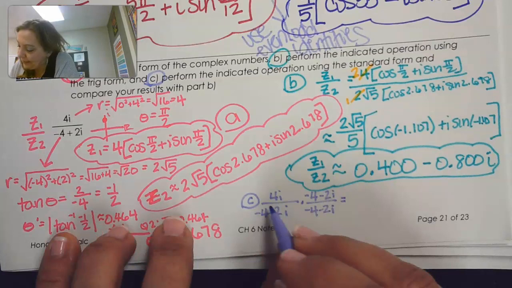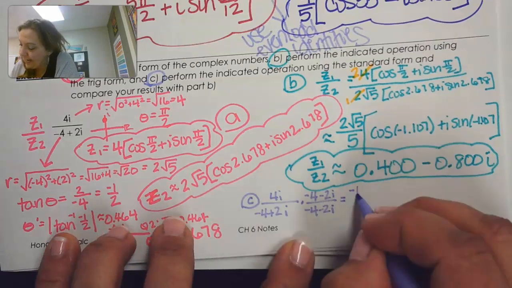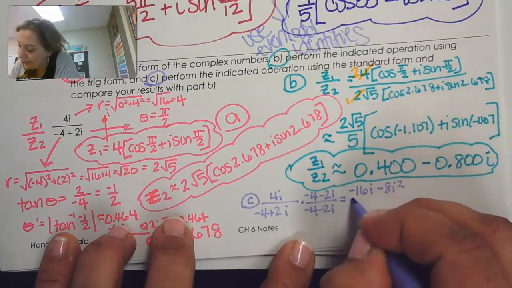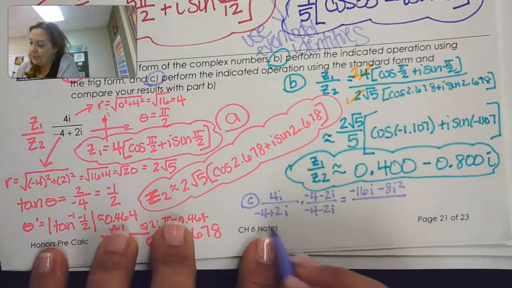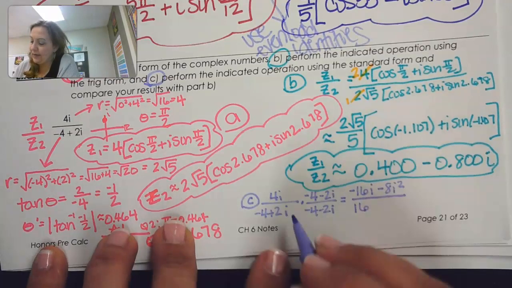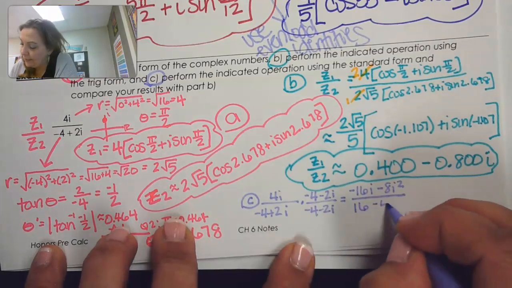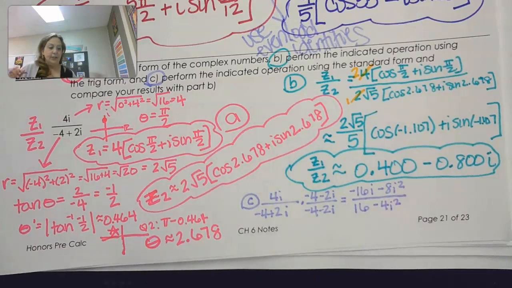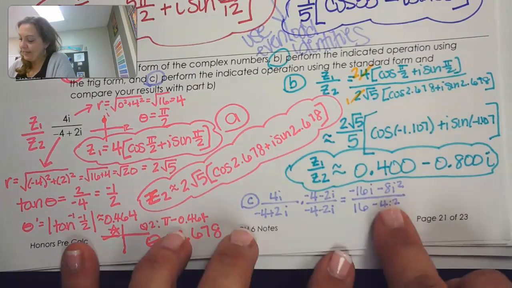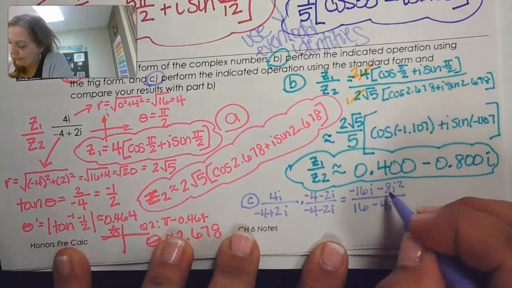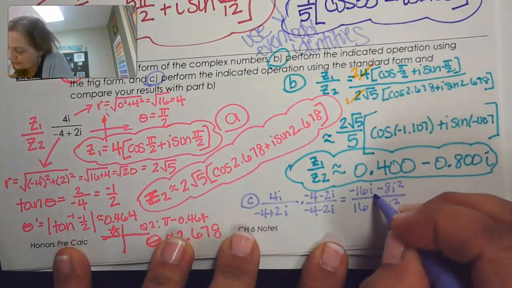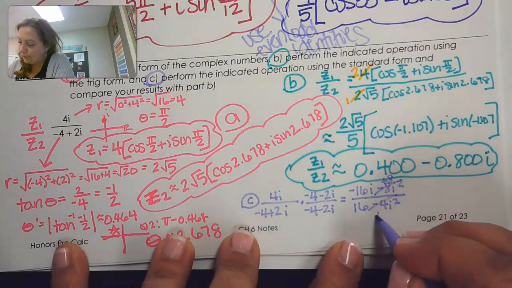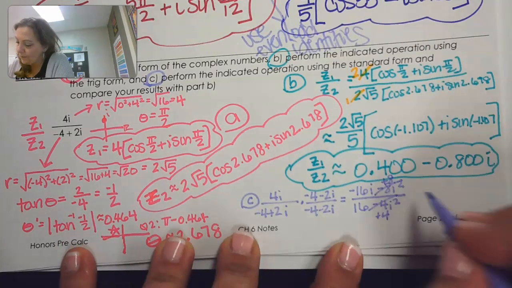So that gives me negative 16i minus 8i squared over 16, outer inner will cancel, minus 4i squared. So this negative 8i squared will really be like plus 8. This negative 4i squared will really be like plus 4.